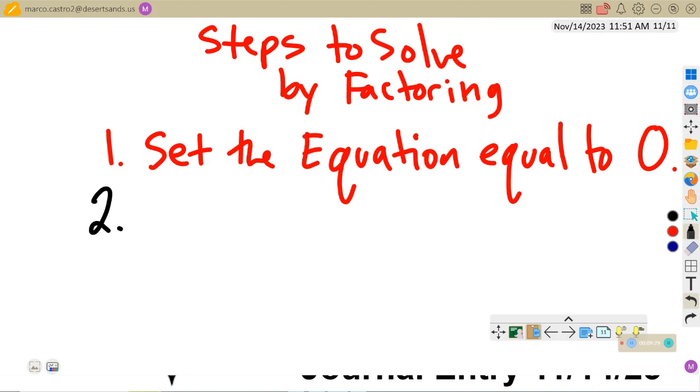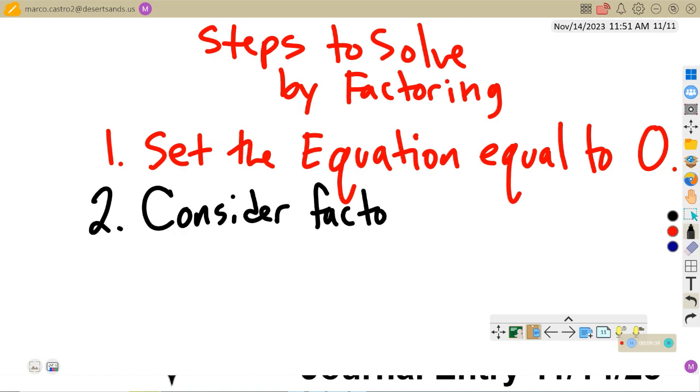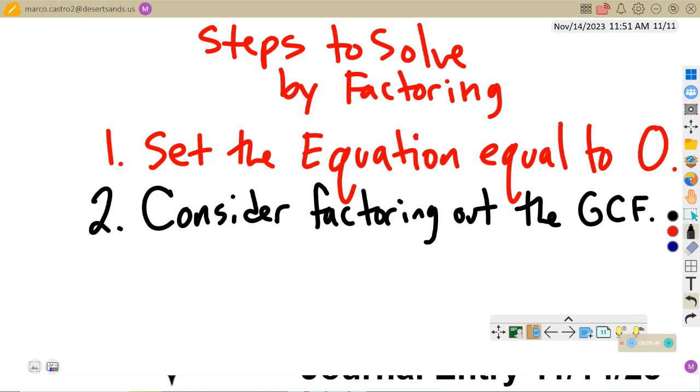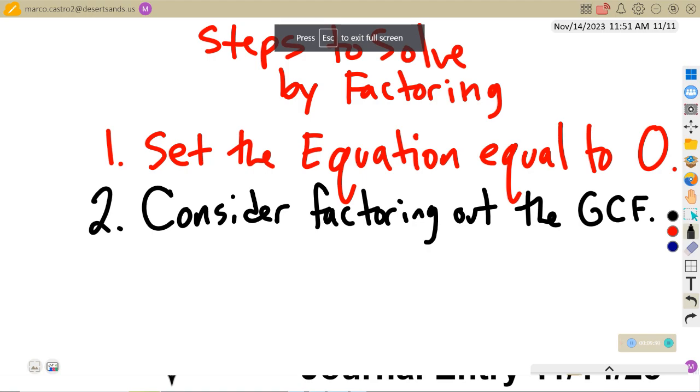After you set it equal to 0, then you want to consider factoring out the greatest common factor, the GCF, okay? If there is no common factor, then obviously there's nothing you could do about that. But if there is a common factor, then you need to factor that out, okay?